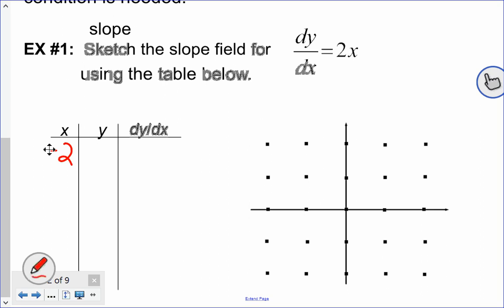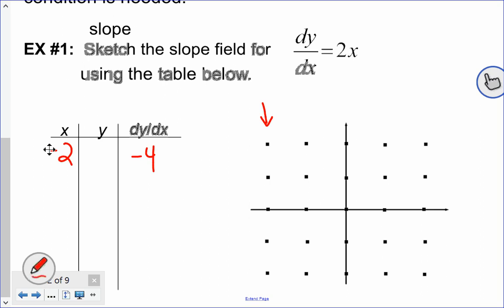If I pick x equals -2, which means we're right here on this column, then if I plug in -2 for x, I get -4 for dy dx. The reason I don't need y written is that there's no y in the problem.